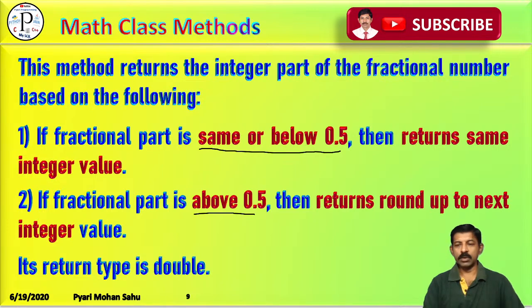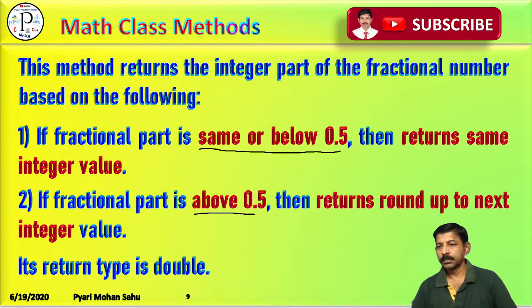Okay. Can we start the options? Math.RINT is wrong because it asked only the method name.